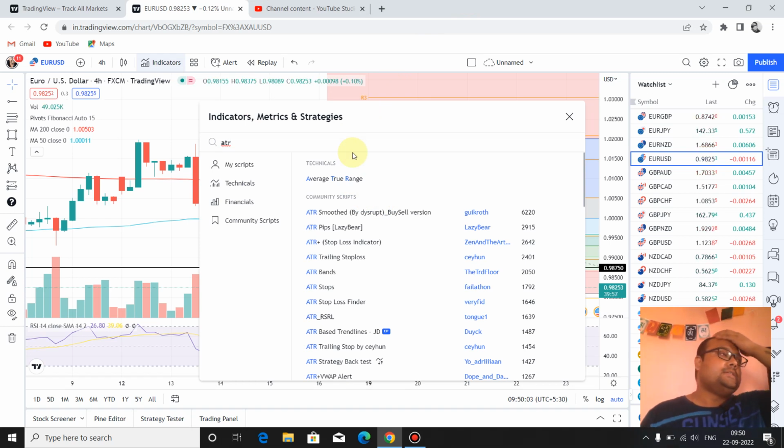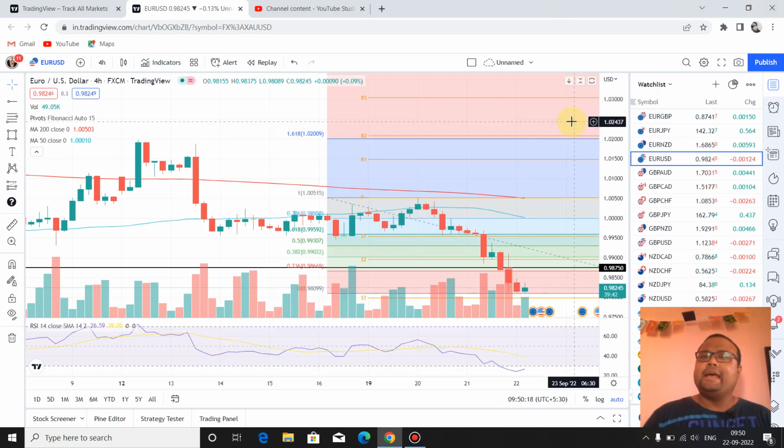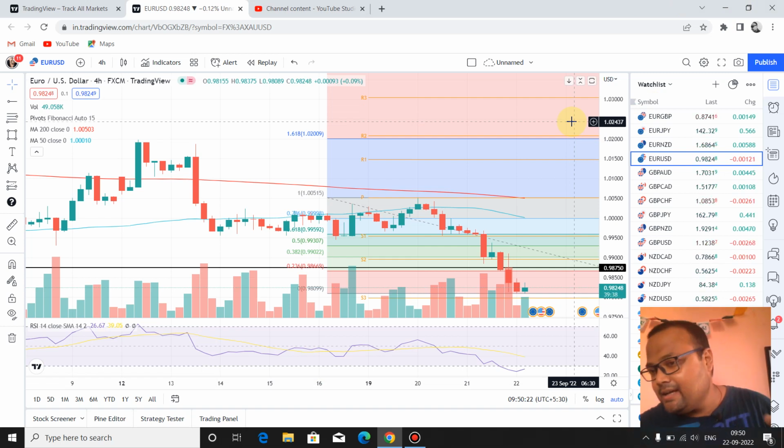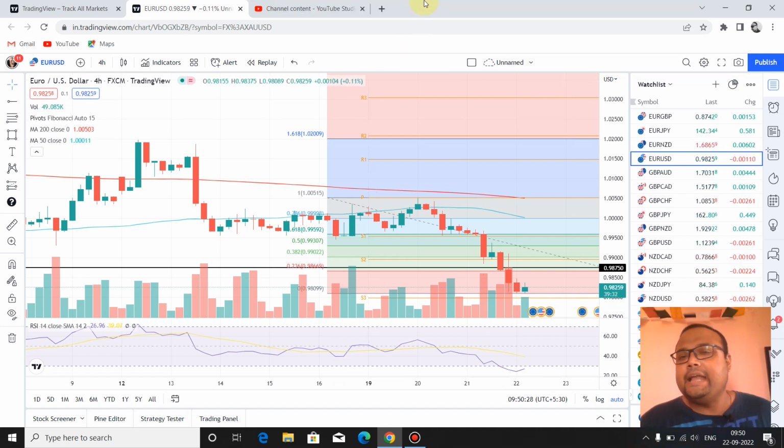Usually ATR is used to find out the volatility of the market, but the second use of ATR is to find out the stop loss also. Just look at the ATR value, and you can put the stop loss accordingly, because when we do not have any proper level on the chart to consider as a stop loss, in that case ATR comes to help.